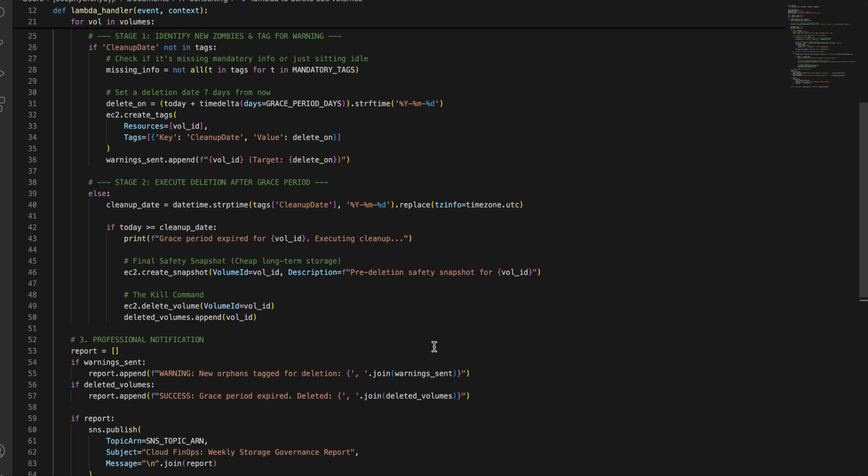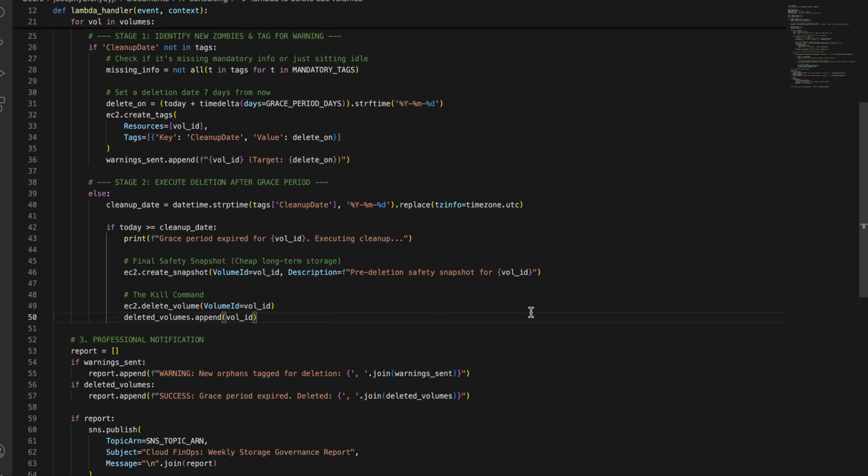You get the warning message for what is going to be deleted in 7 days, and you also get a message when it has been successfully deleted. This SNS message for the 7-day period gives you the grace to figure out, do I need this or not? If you do need it, you can go ahead and tag it, or do whatever you need to do before it actually gets deleted.